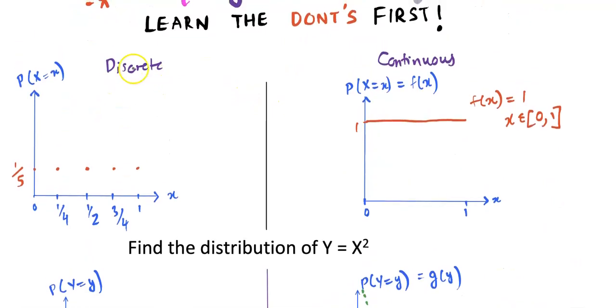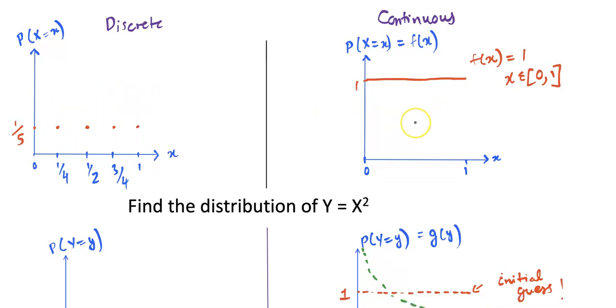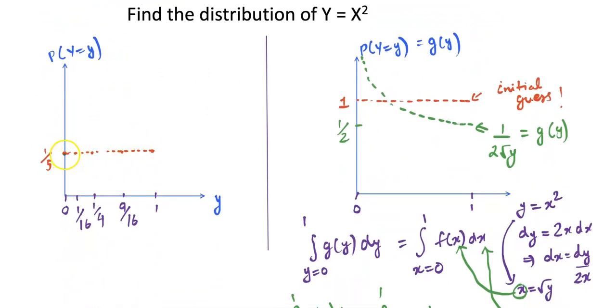When we had very similar discrete and continuous distributions where x could take a set of values between 0 and 1 with uniform likelihood, and all of a sudden when we square it, the discrete distribution doesn't really change, whereas the continuous distribution takes this weird 1 by 2 times the square root of y form. So I encourage you to pause the video here and try to reason as to why this is happening.